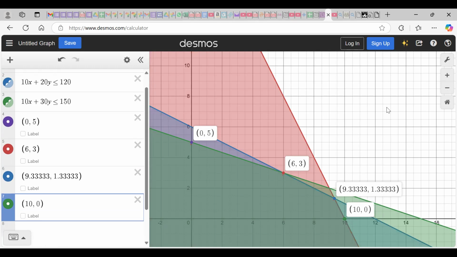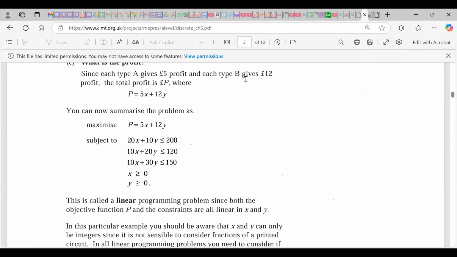Good. A few of you are still with me. So if we were to try these numbers in our Z value, what's our Z value? Not Z, it's P in this case, 5 and 12.